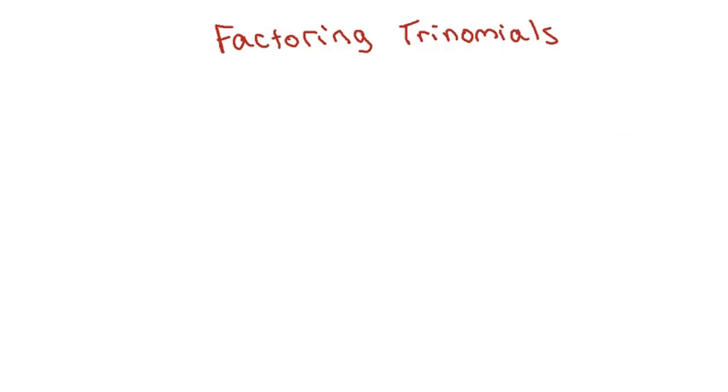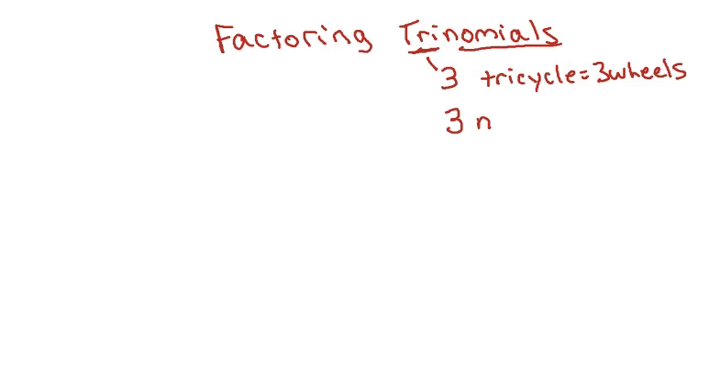So now we're going to move on to the factoring, and we're going to start with factoring trinomials. And tri just means three, like a tricycle. A tricycle has 3 wheels. So tri just means 3, and nomials means number groups.